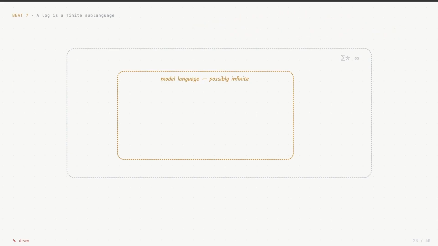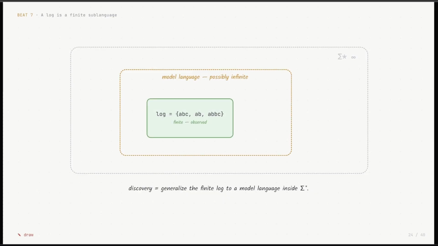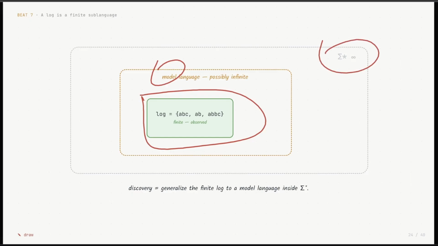And inside of that, you have your reality. You can never have an infinite loop in reality. Your traces are finite by definition. And the general idea is that you are trying to find a model that's a good generalization of your reality. That's why we need our sigma star and the Kleene star, because we need to define discovery formally.